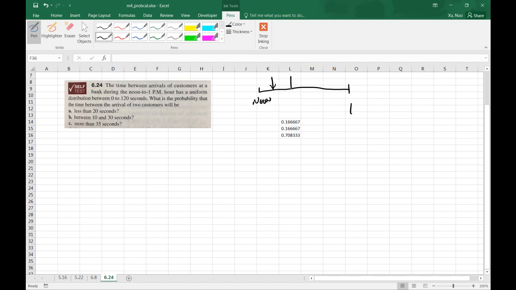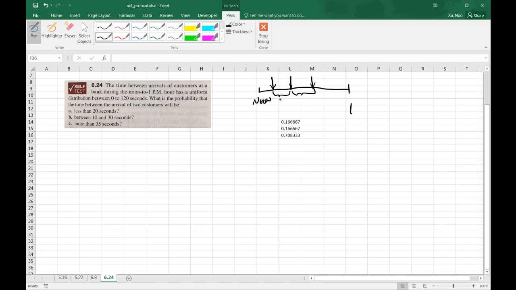This is the next customer arriving. This is the third customer arriving. So this is the interval between the first and second arrival. This is the second and the third arrival. So the length of that interval is the variable that we are dealing with.